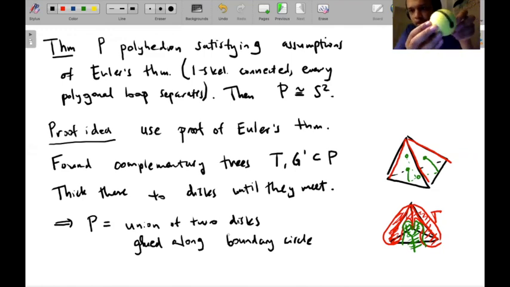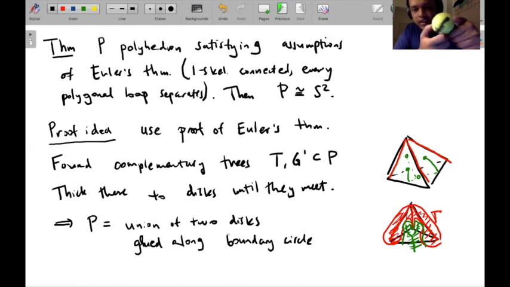So you thicken this black, you get this little disc. Wow, it's really hard to coordinate. Okay, so you get these two discs, and they meet exactly on a circle. I'm really bad with left and right and mirror imaging. Anyway, hopefully you get the point.